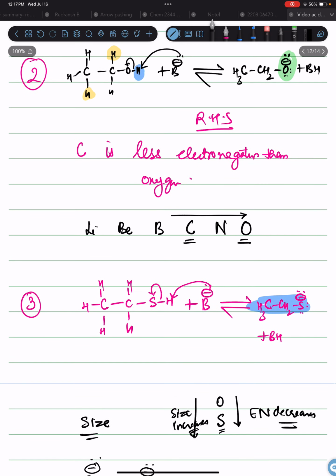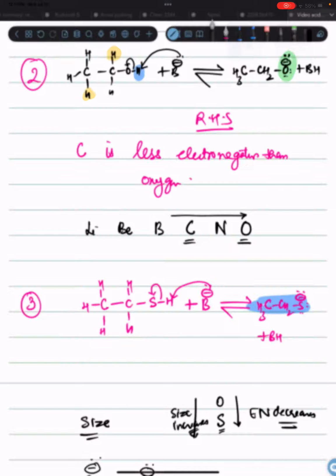So that is why equilibrium 3 would be more towards the right hand side as compared to equilibrium 2. So we'll explore more about the electronegativity factor, inductive effect factor, resonance factor, and how they affect the acidic strength in the subsequent videos. Thank you.